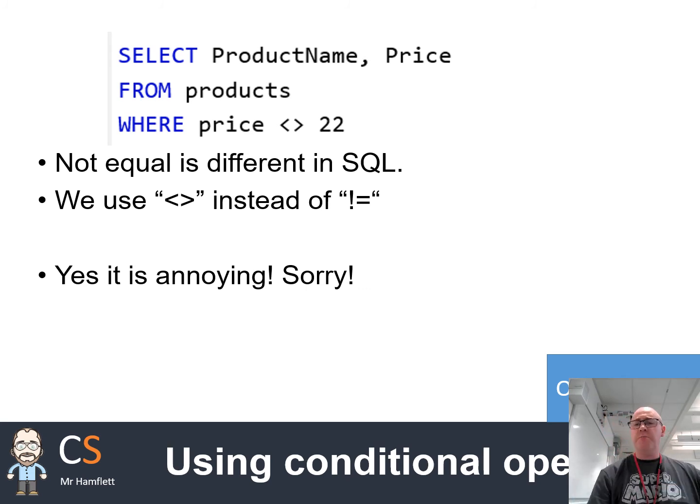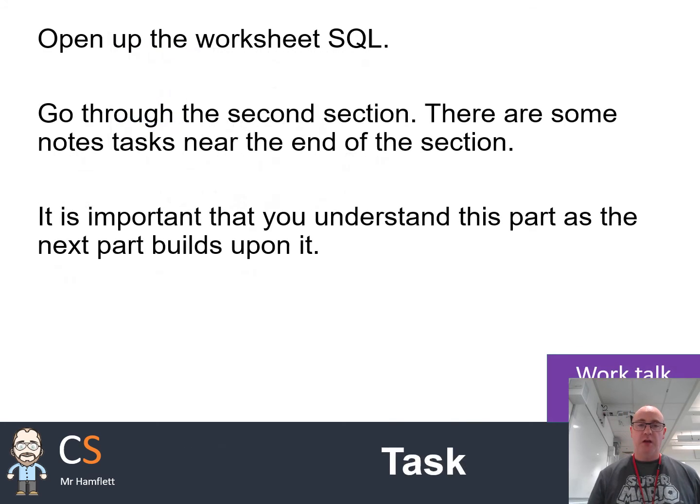The only reason I bring it up is because if you see that symbol in the exam and think, what on earth does that mean? Well, it means not equals. So in the exam, you can use whichever, it doesn't really matter. But if you ever see the greater than and less than symbols facing away from one another, then it just means not equals.